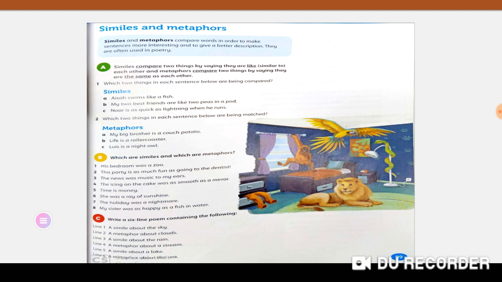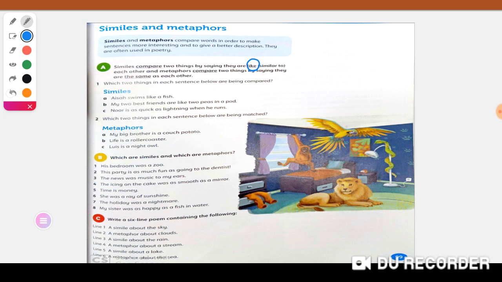They are often used in poetry. Similes compare two things by saying they are like, similar to each other, and metaphors compare two things by saying they are the same as each other. Here we said like each other, but in the metaphor we say that they are the same.